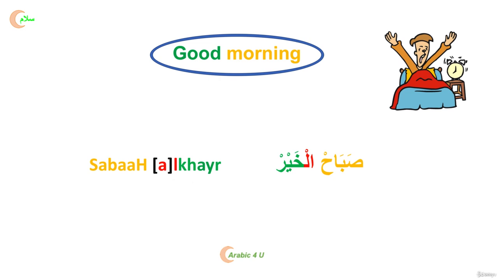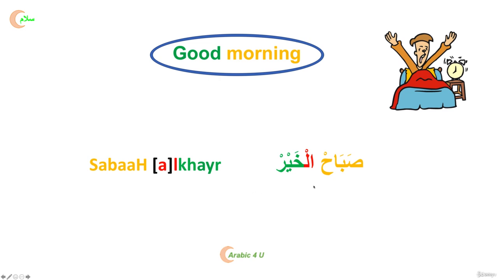Great. Now we're going to say the whole sentence together. So we would say صباح الخير. One more time. صباح الخير. Great. Now I'm going to say it quickly, just like when an Arabic speaker says it. صباح الخير.